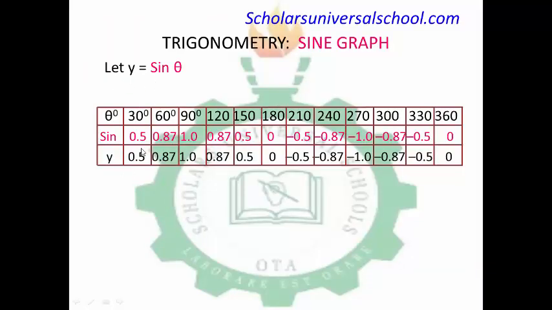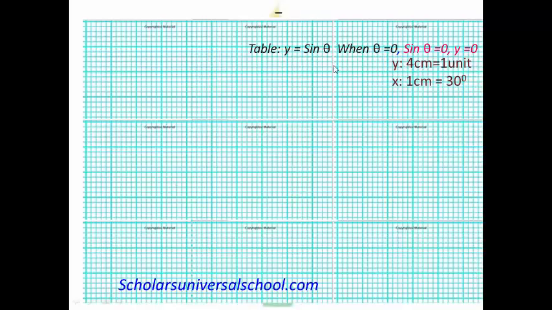For this table, though the value of theta as 0 is not shown there, it is significant. It is important that we know that when theta is 0, y will also be 0, because sine 0 degrees is 0. There is no way we plot the sine graph that it will not start from the point 0.